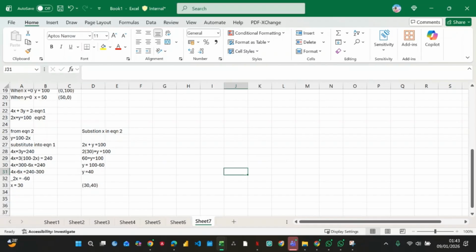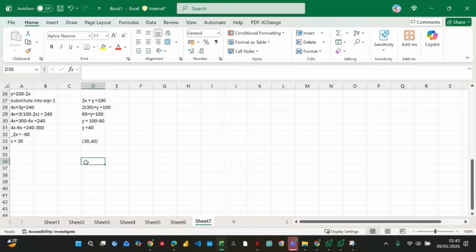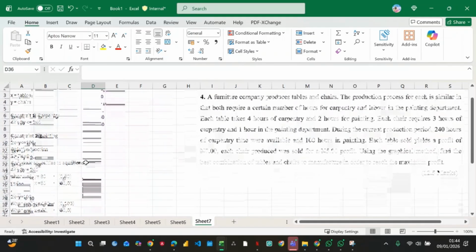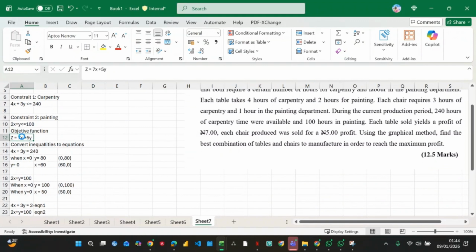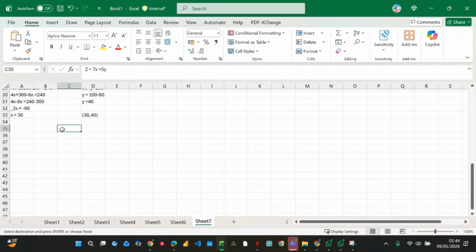Okay. So now we are going to do our objective function. Remember our objective function is this one.